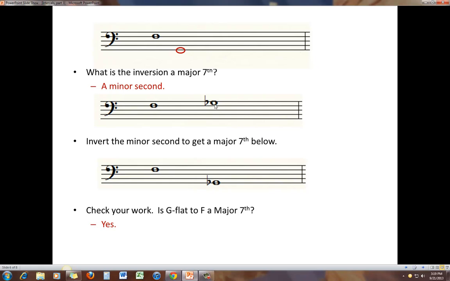Now we write the inversion because our final destination is actually a major seventh. So if a minor second above F is G flat, then a major seventh below F is also going to be G flat. And then as a last step, I would probably check my work and ask myself, in the key of G flat major, is there an F natural? And yes, there is, so this is the correct answer.